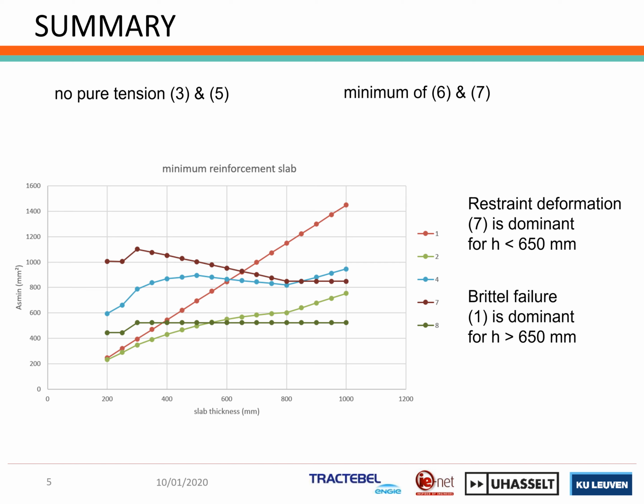So most slabs are smaller than 650 millimeters. So restraint deformation will determine your minimum reinforcement and not brittle failure. Brittle failure, method 1, is dominant for slabs bigger than 650 millimeters.